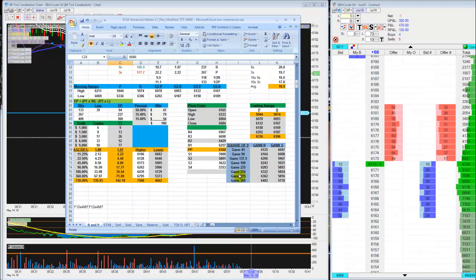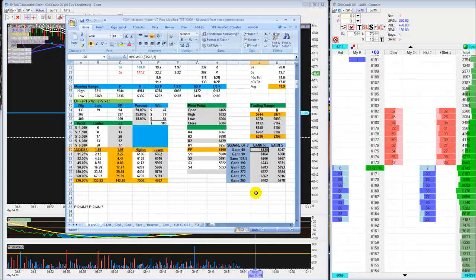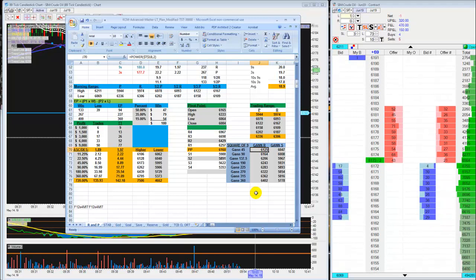Curious where I put that son of a gun at now. It says it's at T18.2.